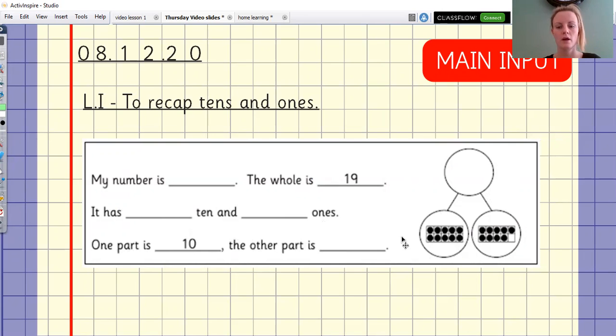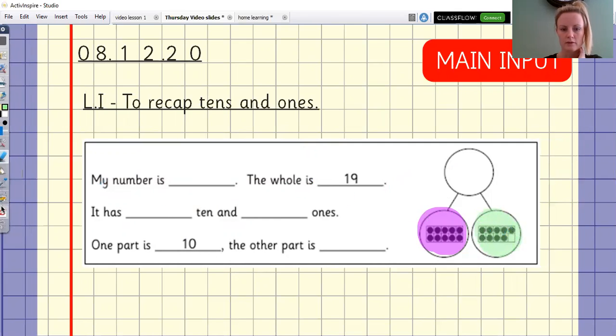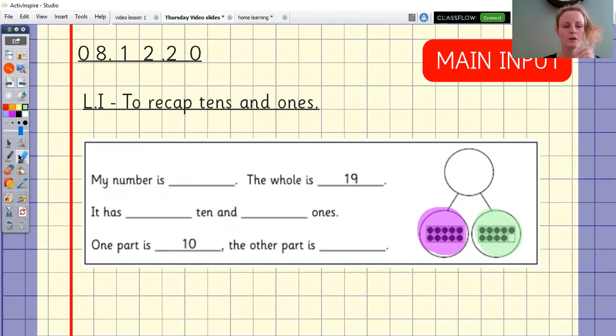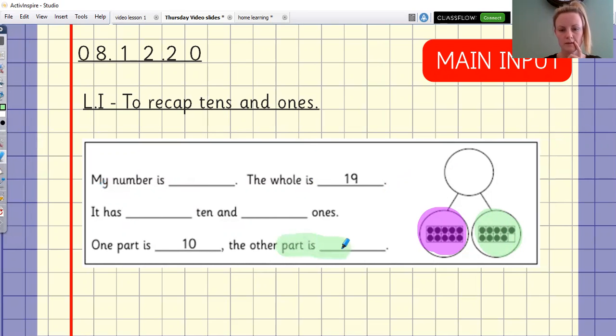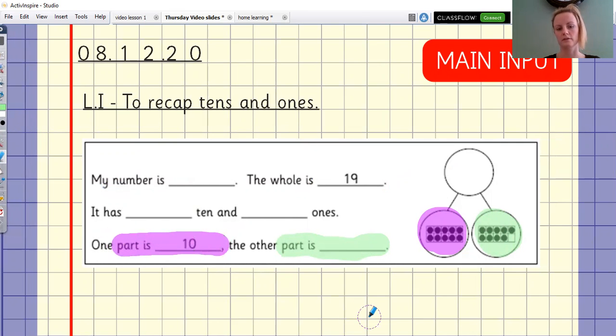So we know that this is a part over here, and this is a part. So I know that I have a part here, and the other part here. Okay, so let's also highlight this bit. So part is, and then here we go, part is. Okay, so we already are a bit clear on that.